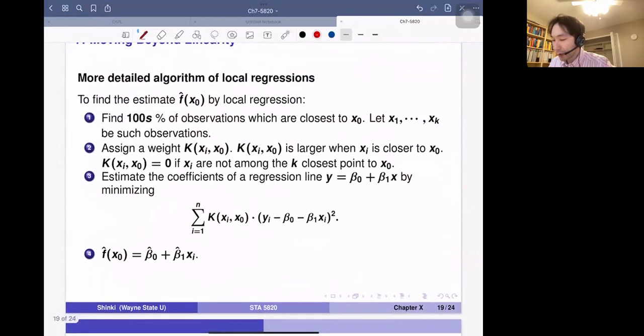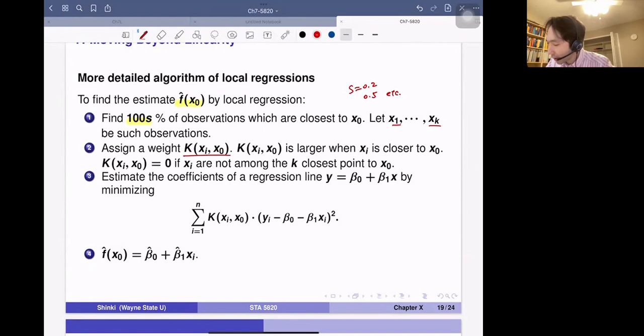So this is the more detailed algorithm written in sentences. To estimate f hat of x naught by local regression, at first find 100s% of observations which are close to x naught. Here s is maybe 0.2, maybe 0.5. Let x1 to xk be such observations, and assign weight K of xi, x naught.